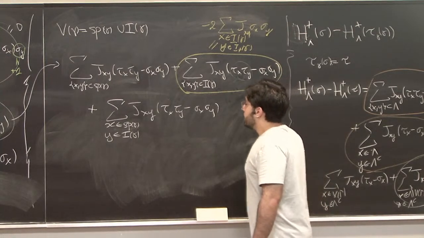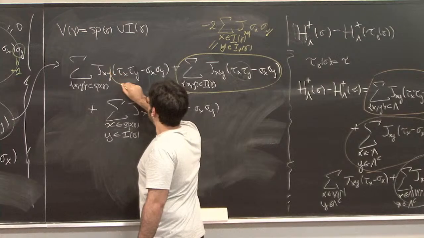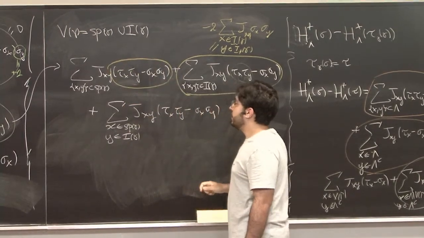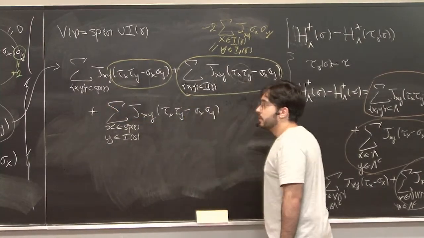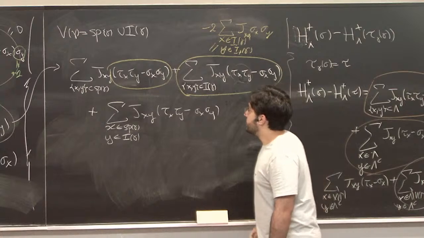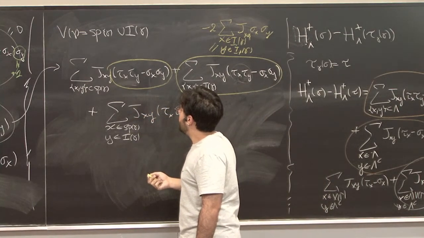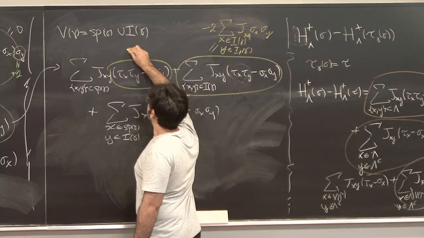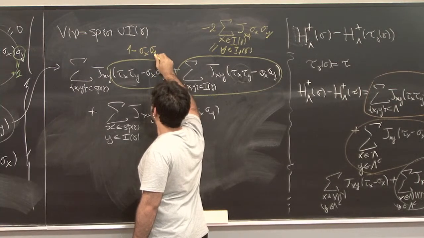So, another interesting thing that happens is that for this term right here, both x and y are inside the support. So if both of them are inside the support, then tau x and tau y is just plus 1. So this means that this quantity right here is just 1 minus sigma x, sigma y.